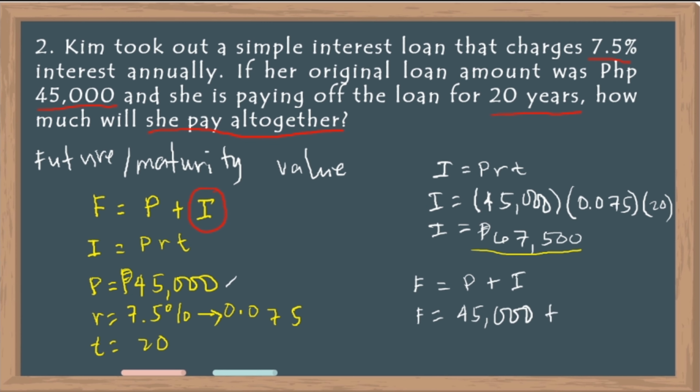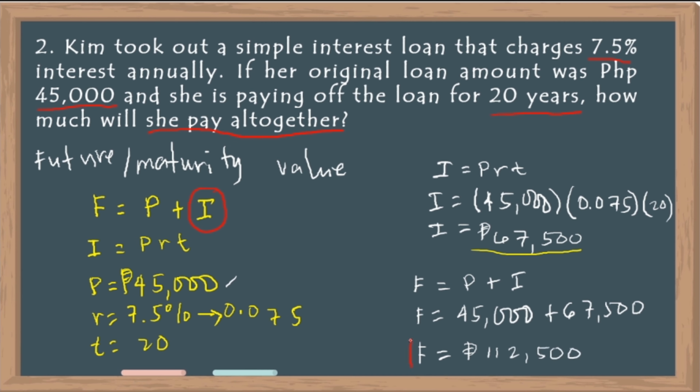Plus, magkano yung nasolve nating interest? 67,500. So, ibig sabihin, kung mali yung interest natin, mali yung ating future value. So, we just simply add. So, ang magiging sagot natin ay 112,500.